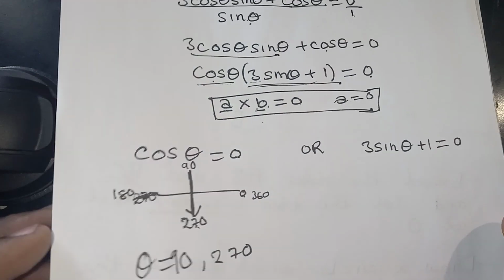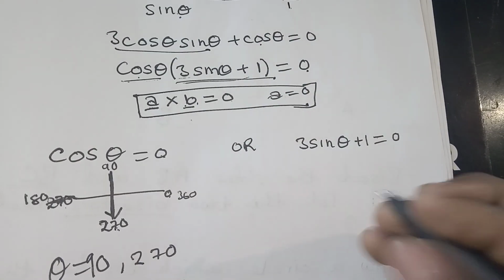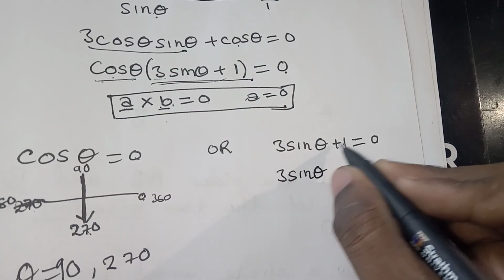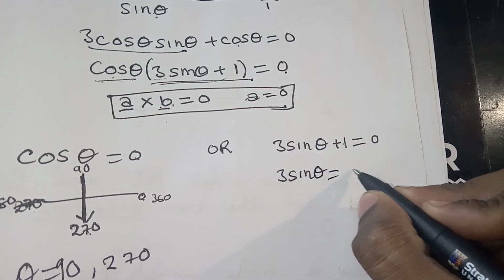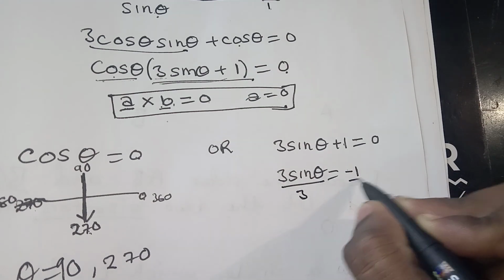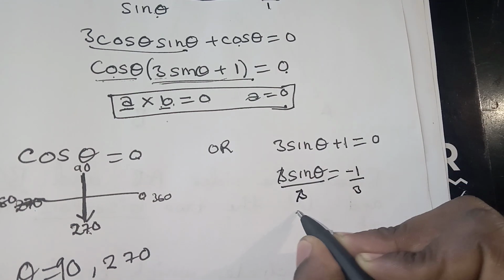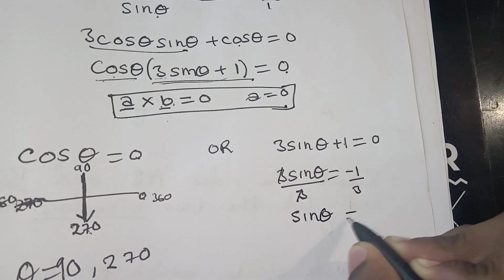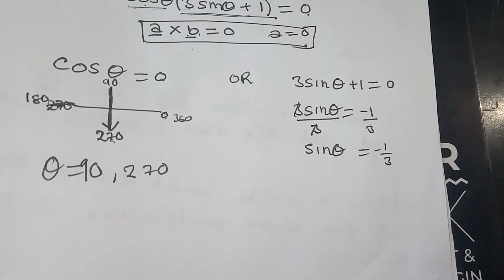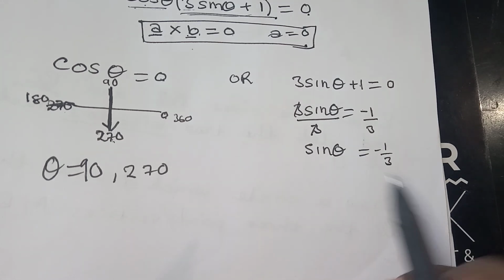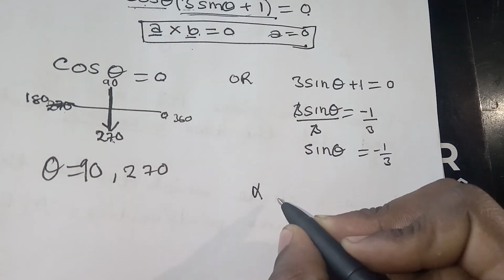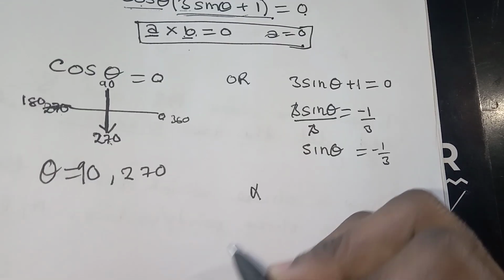Then let's look at the other side too. This side we have 3 sine theta, if you were to take the 1 to the other side, you have this. Divide both sides by 3. You have sine theta is equal to -1/3. So now you want your theta. But before you find your theta, you need to find your alpha.